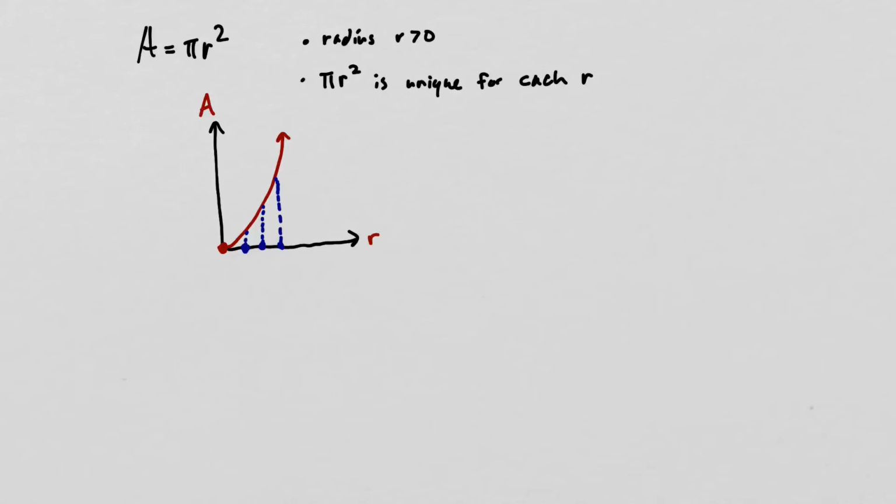But we can also clearly see from this graph that each y value is growing as our x values are growing. And so then each y value is unique. And we can conclude that the function A is a one-to-one function.